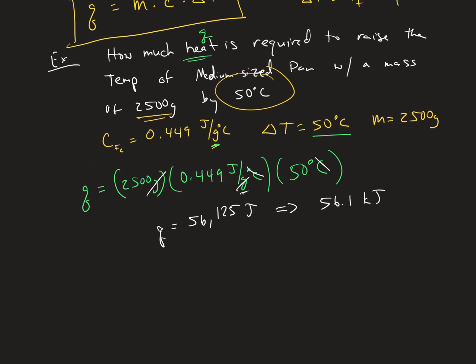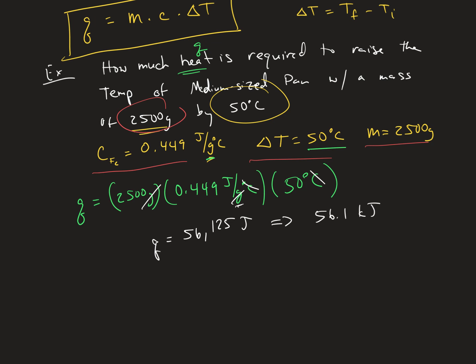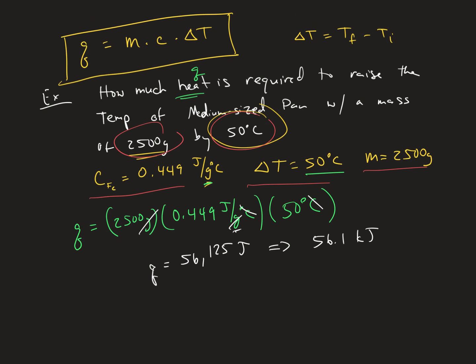Okay, here's how you know what formula to use. First of all, you write down what you know, and see how I wrote it down like this? Write down what you know with our symbol. So C, specific heat, is 0.449, and use your units, joules per gram degree Celsius.